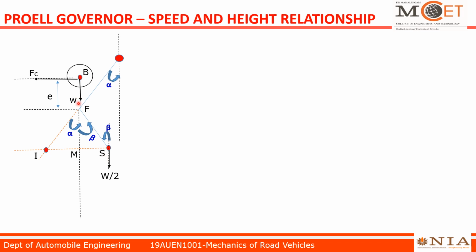We need not consider the tension acting on the upper and lower arms, so that we can easily resolve the forces. Now we have to take a moment at any point of this arrangement, at the triangle here. You can take moment at point I, or at point M, or at point S. Now I am going to take moment at point M.